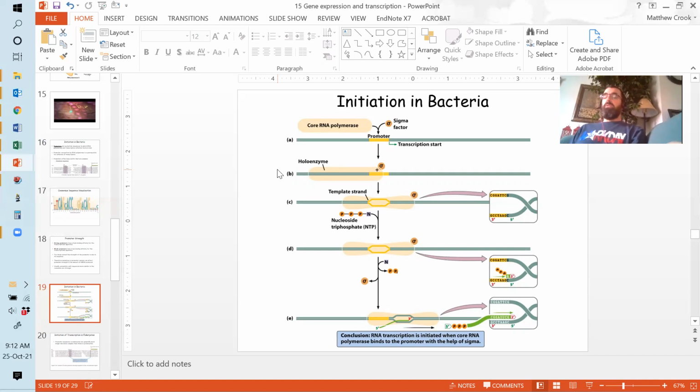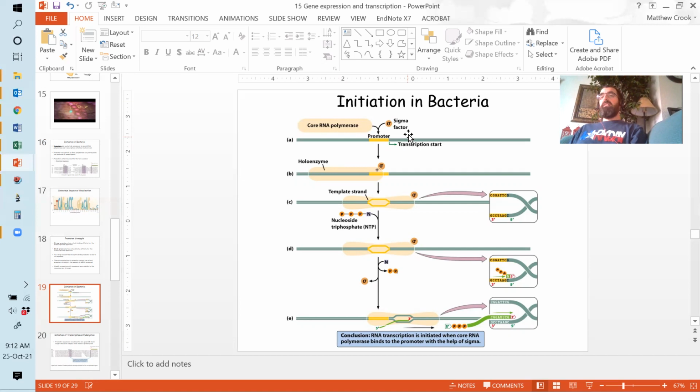So bacterial genes by default are always on, always available to be turned on unless they're turned off. Whereas eukaryotes are very different. Those are by default off and they have to be turned on. So the turning on part is a lot more complicated in eukaryotes.